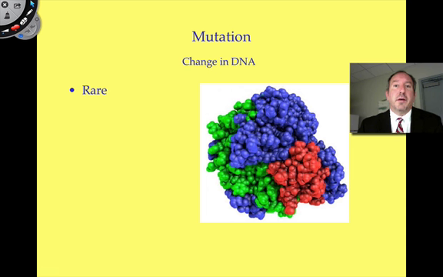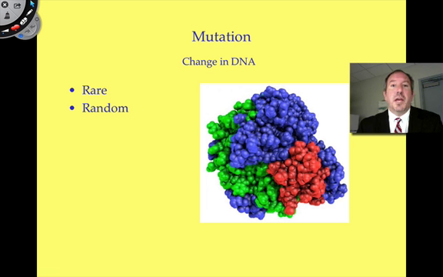Now, these are rare. We have mechanisms in the cell that will correct changes or mistakes that occur. And so occasionally a rare mutation will come in, and they're random. You never know what the change will be. And if a change is random, then the effect of the mutation could be one of three things.